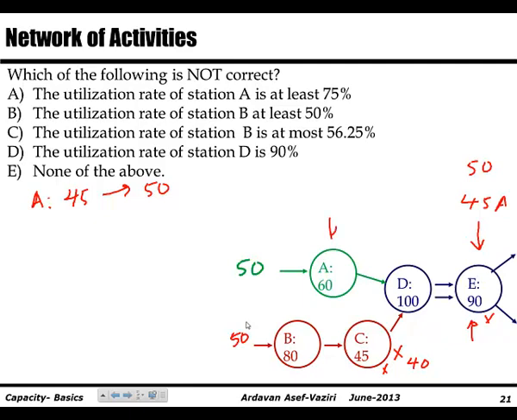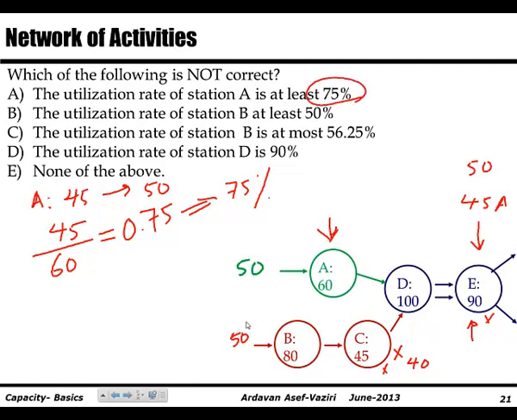Capacity of this operation A is 60. 45 divided by 60 is the minimal utilization of station A. 45 divided by 60 is 0.75 or 75%. Therefore, this one is correct.